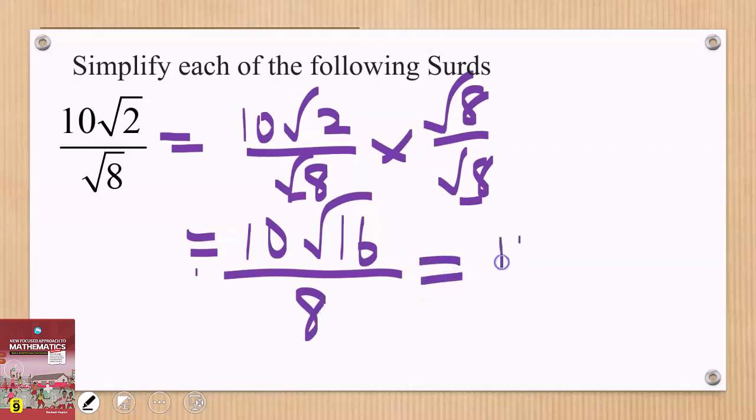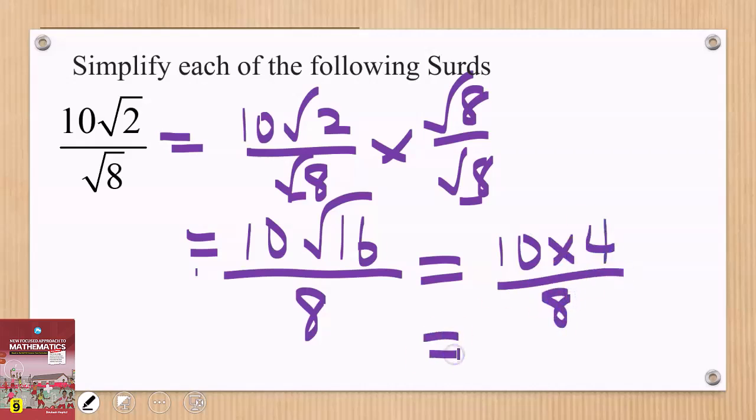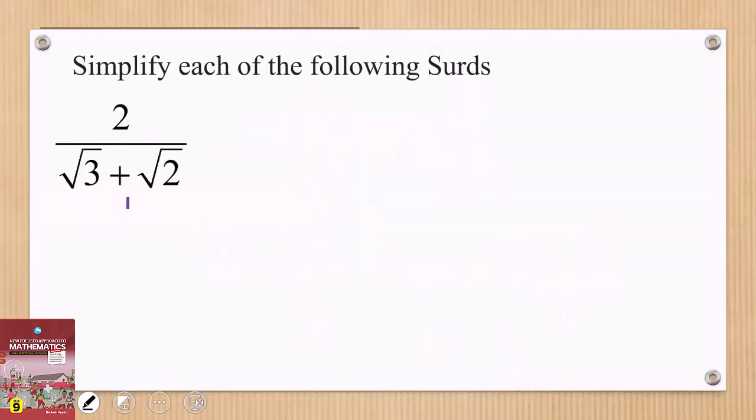Now I can simplify this as 10 times 4 divided by 8, and of course I can still simplify this further as 4 times 10 will give us 40, and 40 divided by 8 will just give us 5. And so the simplification of this is 5. Right. Let's try the last one.